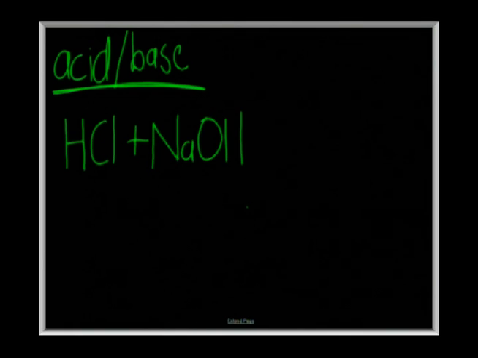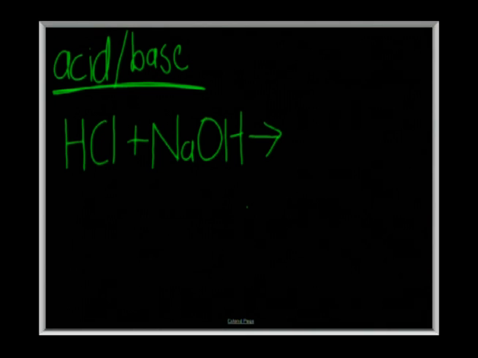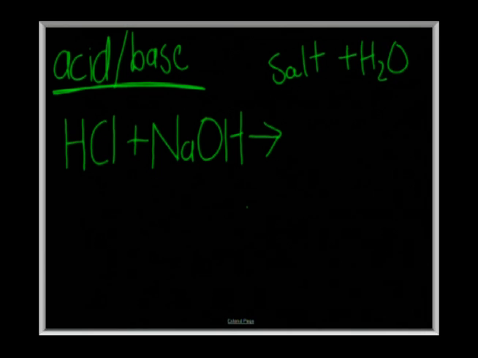So hydrochloric acid has a pH of less than 7 and sodium hydroxide a pH of more than 7. Now what we're going to do is put them together and neutralize. So when an acid reacts with a base, we always get a salt and water. And the salt which we're going to get in this case is sodium chloride.